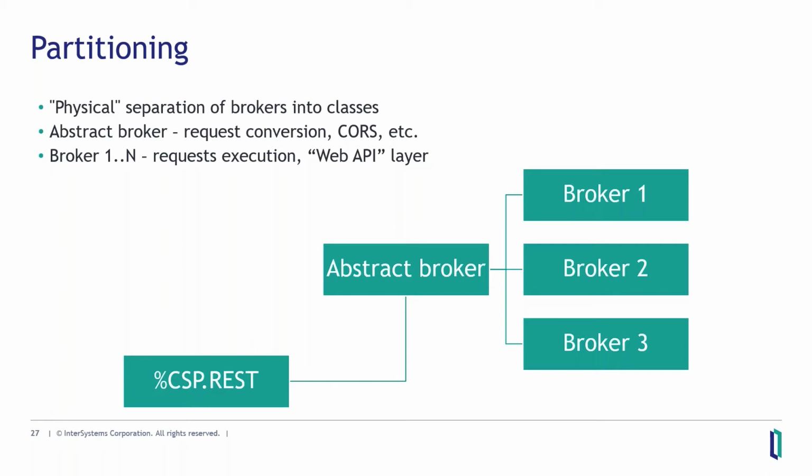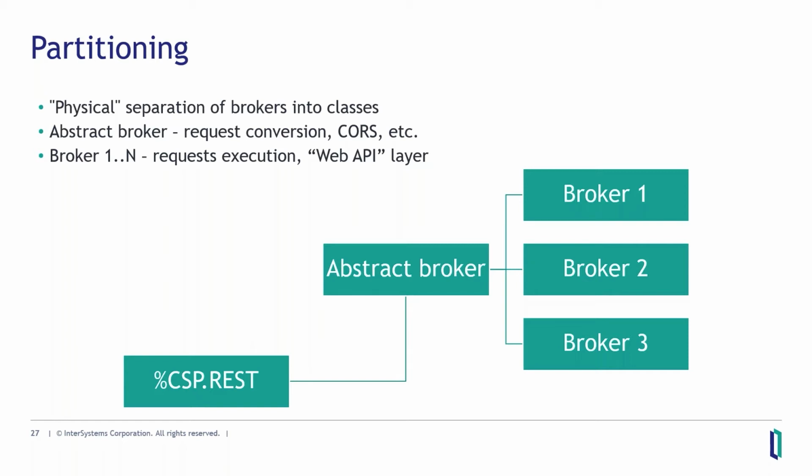For example, you're getting an HTTP request, and the contents are a string. And usually when you're in a broker, you'd rather work with a dynamic object and not a stream.